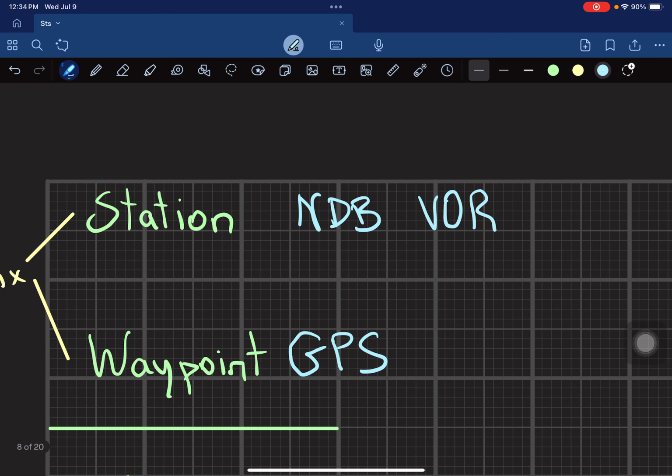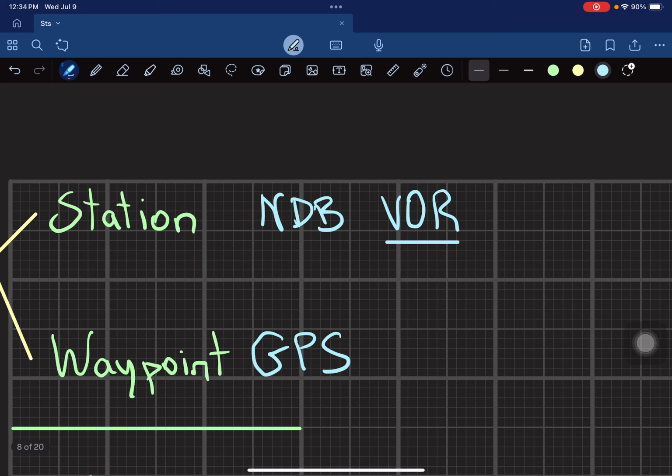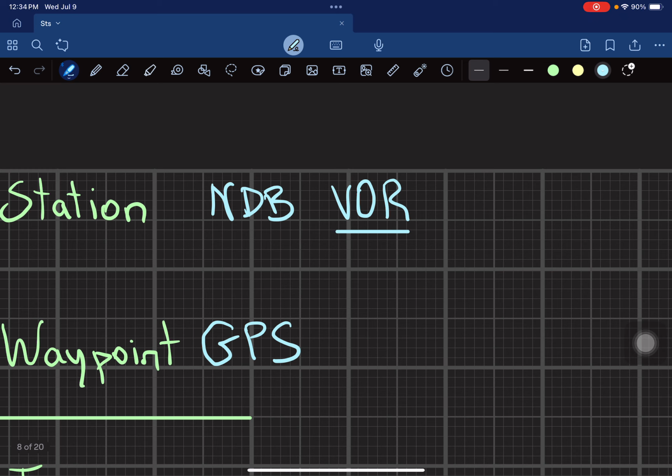Not only do we use the station itself, for instance the VOR, as a fix, but we can also identify a different point in space by use of a VOR plus some other equipment. For instance, two VORs can help us identify a fix by the use of cross radials.